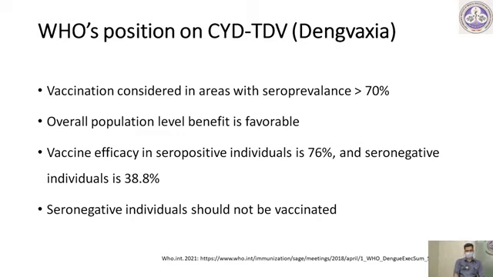The seronegative individuals should not be vaccinated. The CYD TDV vaccine has a potential public health role. A pre-vaccination screening strategy is to be considered, as only patients who have previously acquired dengue infection are to be given this vaccine. However, there is no data available on booster doses yet.